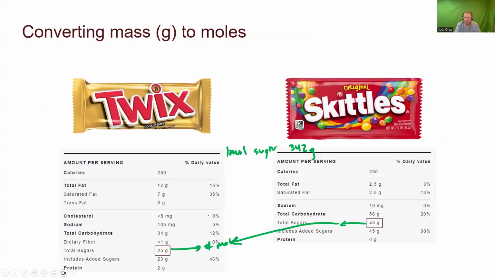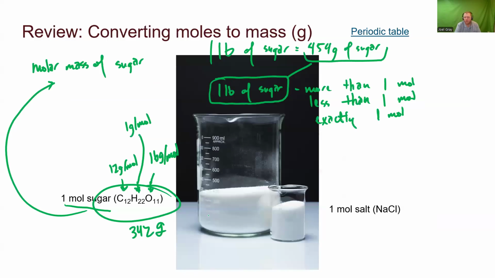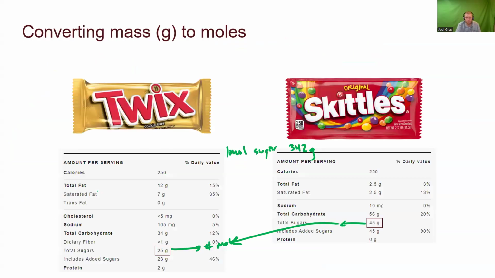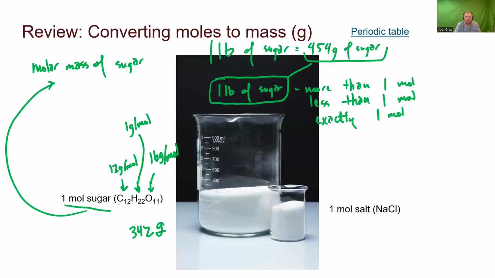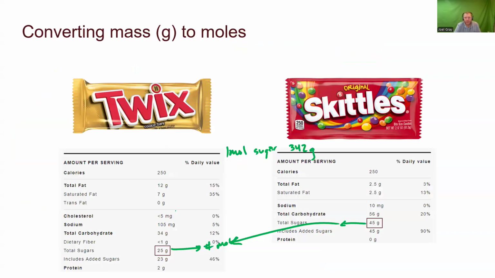We know the 1 mole of sugar because we defined it a little bit ago. So we use this information on this slide right here. This is not a number I expect you to memorize. I expect you to, however, be able to calculate the number of moles here based on the mass. Here's the formula. What is the mass?